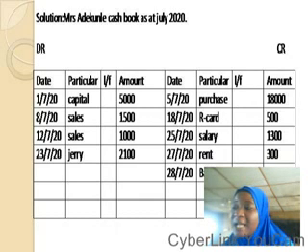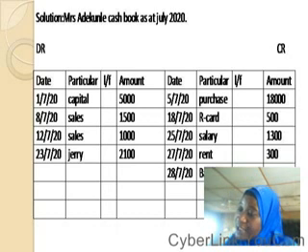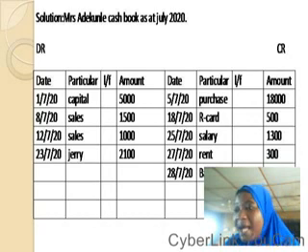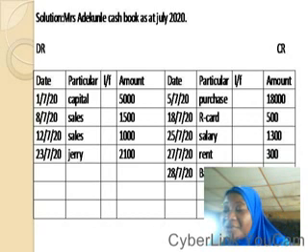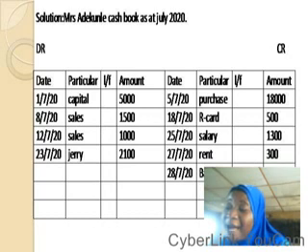The debit side will have date, particulars, ledger folio and amount, and as we are maintaining double entry principle, the credit side will be date, particulars, ledger folio and amount again.